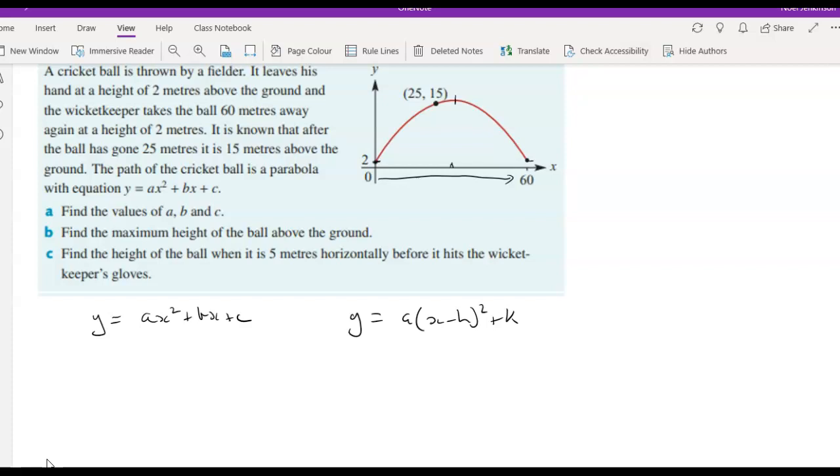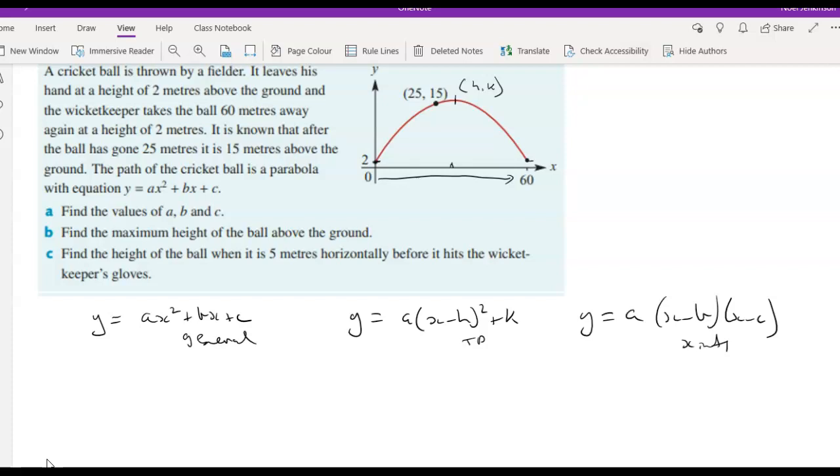Turning point up there, HK, but we don't have that. Can't use that model. Or we could even use this model if we were given the two x-intercepts, but we're not, because the points we're given are 2 meters above the ground. So we can't use the turning point form, we can't use the x-intercept form, so we need to use the general form, this one here.